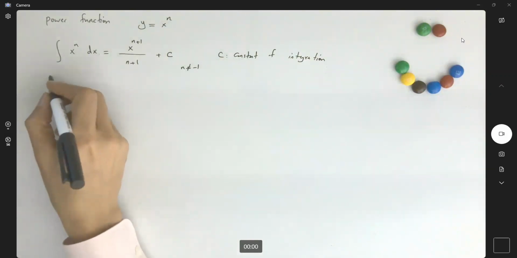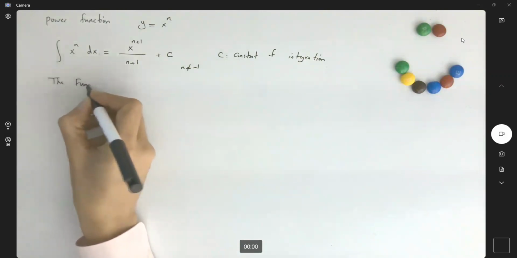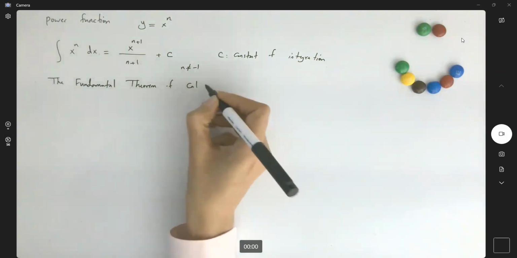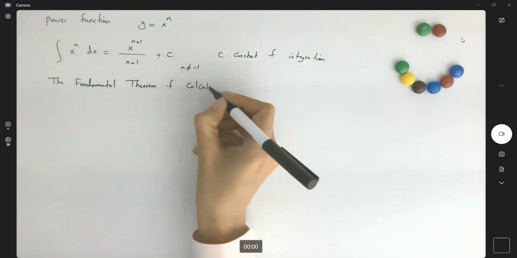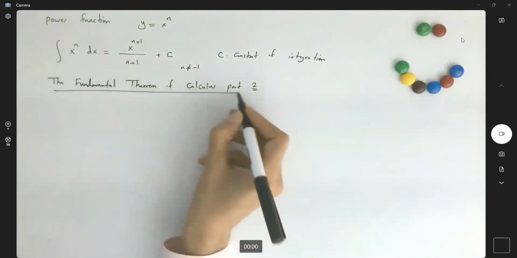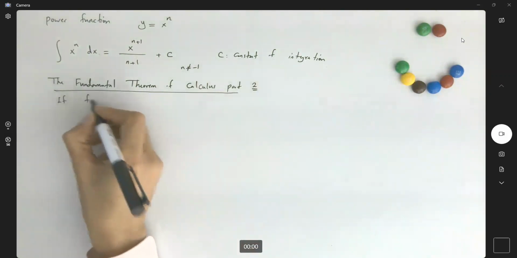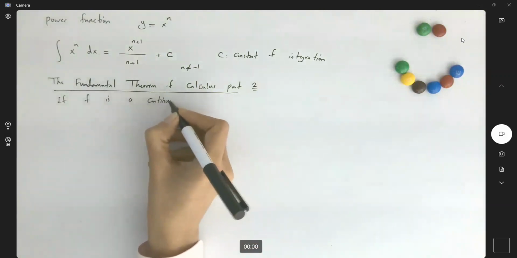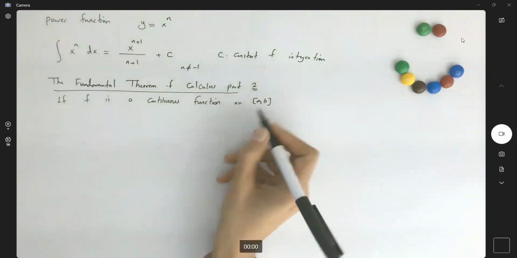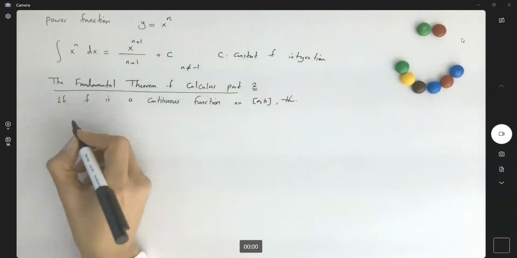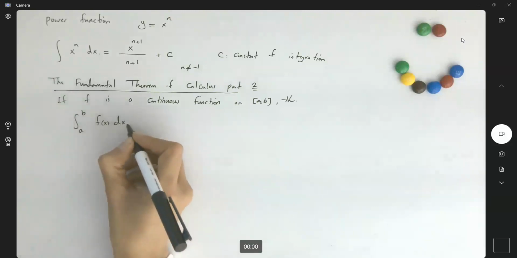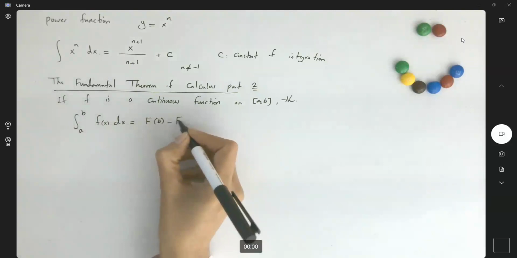So the fundamental theorem of calculus part 2 says, well, if f is a continuous function on an interval from a to b, then the definite integral from a to b of function f dx must be equal to F of b minus F of a.